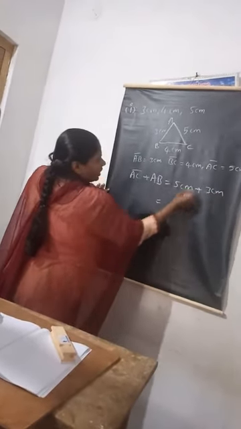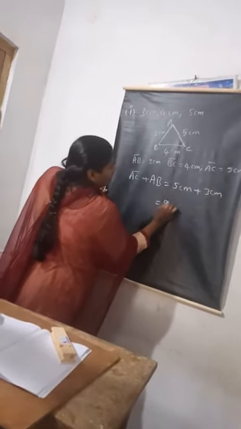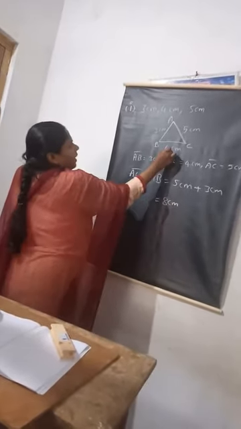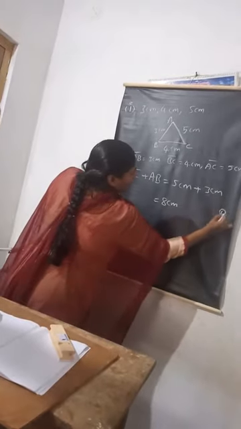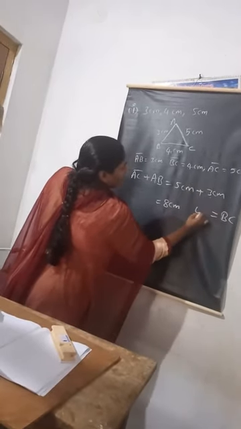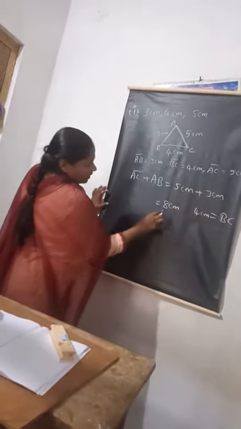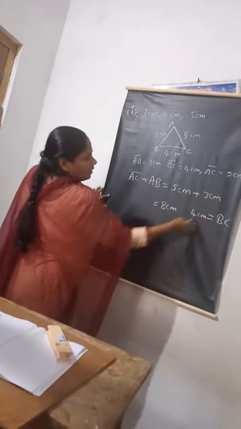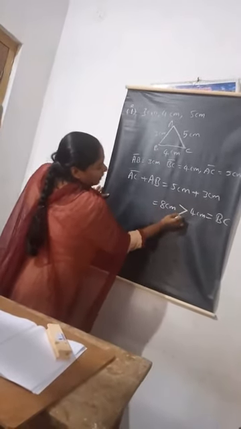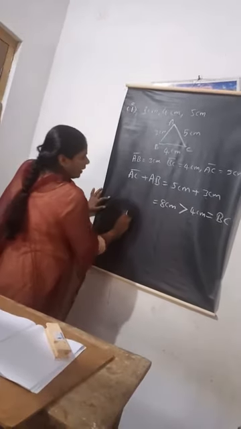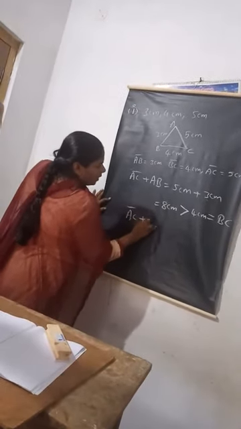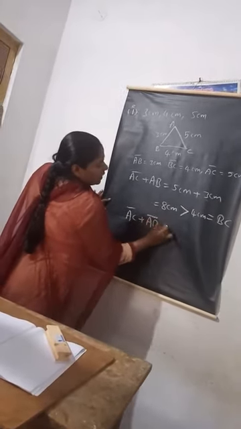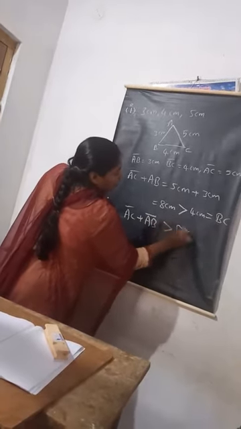What is the sum of these two? 8 centimeters. What is the third side? BC, 4 centimeters. What is the relation between 8 centimeters and 4 centimeters? Greater than. Therefore, AC plus AB is greater than BC.